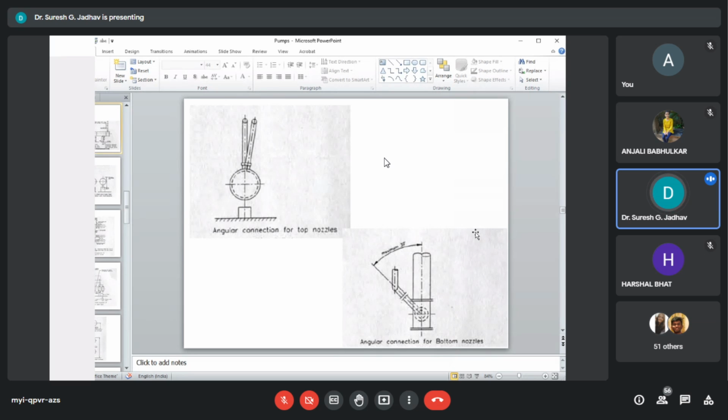Here you can see through this sketch there is an angular connection for the top nozzle and an angular connection for the bottom nozzle. A horizontal exchanger can be turned vertical for conserving floor space. A vertical exchanger can be changed to horizontal when installation height is restricted.